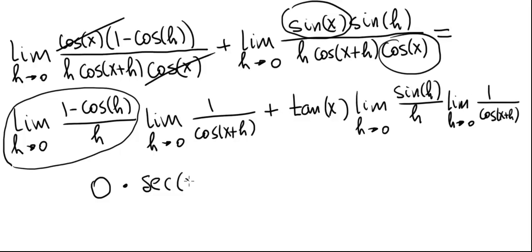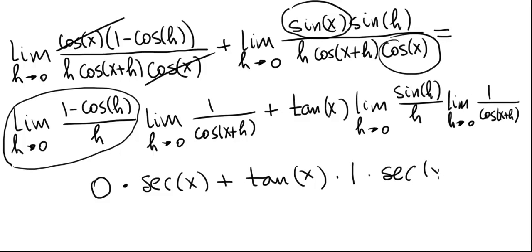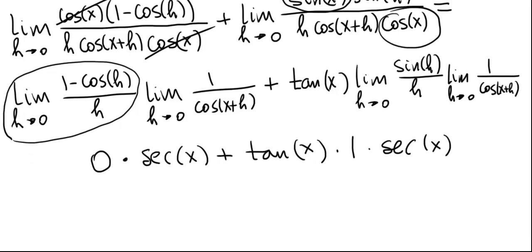So 0 times secant of x, plus we have tangent of x, and the limit as h goes to 0 of sine of h over h is result number 2. That's 1, so times 1. And then we have the limit as h goes to 0 of 1 over cosine of x plus h. That's also 1 over cosine of x, which is secant of x. So now we have derived the derivative of secant.